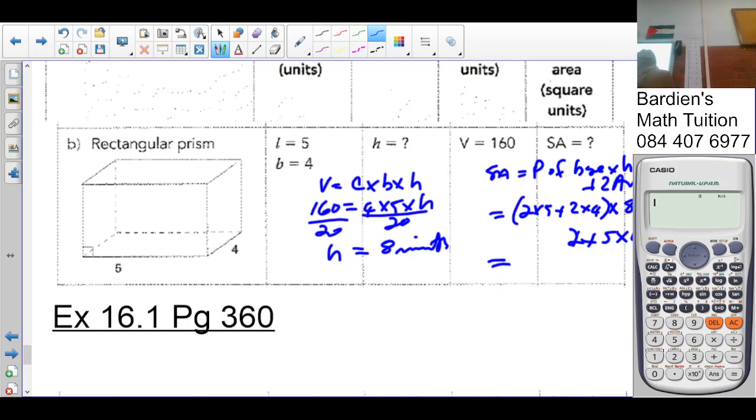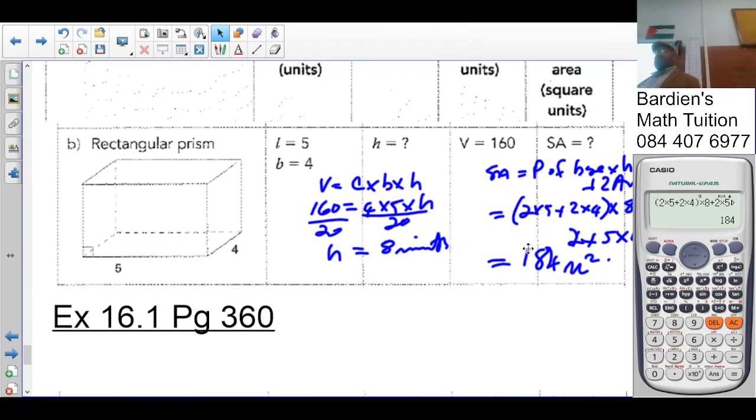Okay, that gives us an answer. 2 times 5 plus 2 times 4 times 8 plus 2 times 5 times 4. 184 units squared. Is that correct? The answer right at the back?